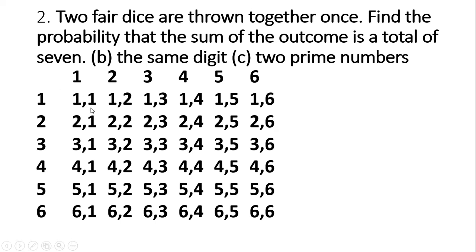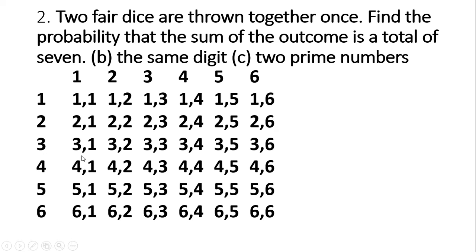So you have 1 and 1, 1 and 2, 1 and 3, 1 and 4, 1 and 5, 1 and 6. Notice that I picked the vertical first before the horizontal. Then the second column: 2 and 1, 2 and 2, 2 and 3, 2 and 4, 2 and 5, 2 and 6.